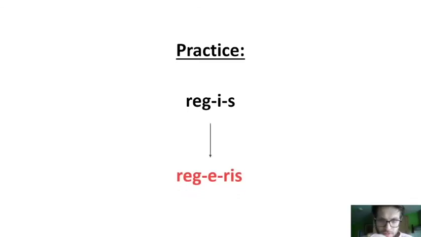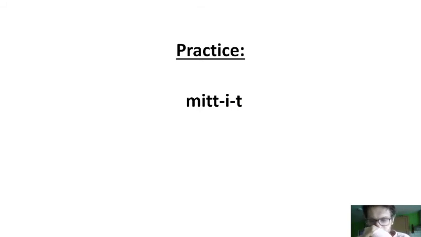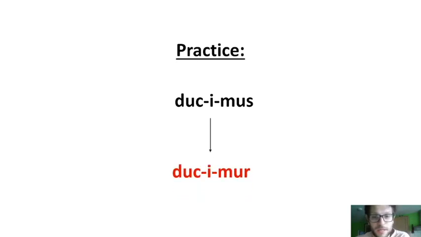Okay, obviously regeris, that E replaces the I, the second person singular. Mittit becomes mittitur. Ducimus, the I very much in place there, becomes ducimur. We are being led.